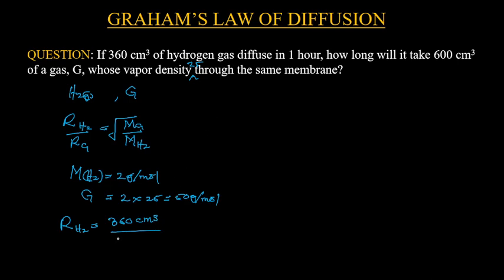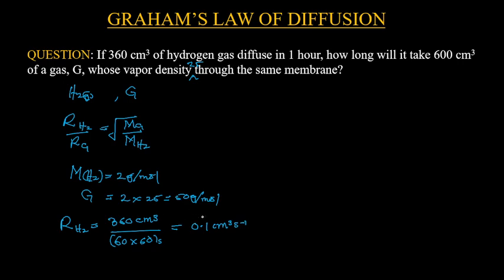We know that we have 60 seconds in 1 minute, and 60 minutes in 1 hour. So this together will be in seconds. When we punch that, we're going to have 0.1 cm cube per second.